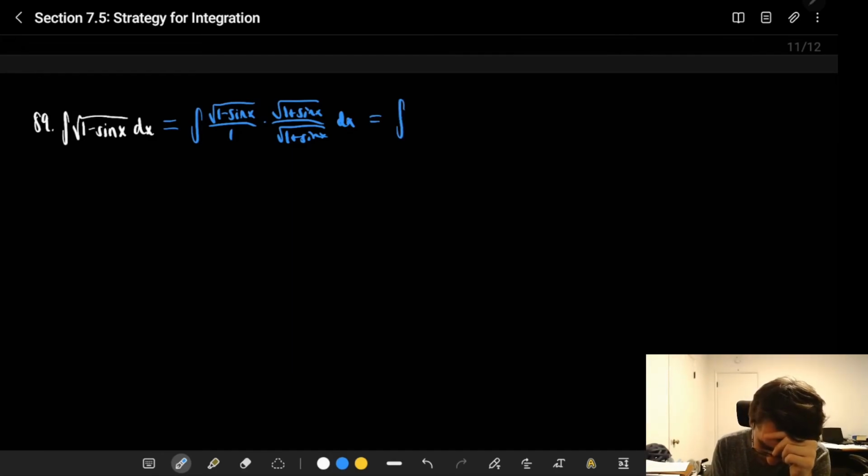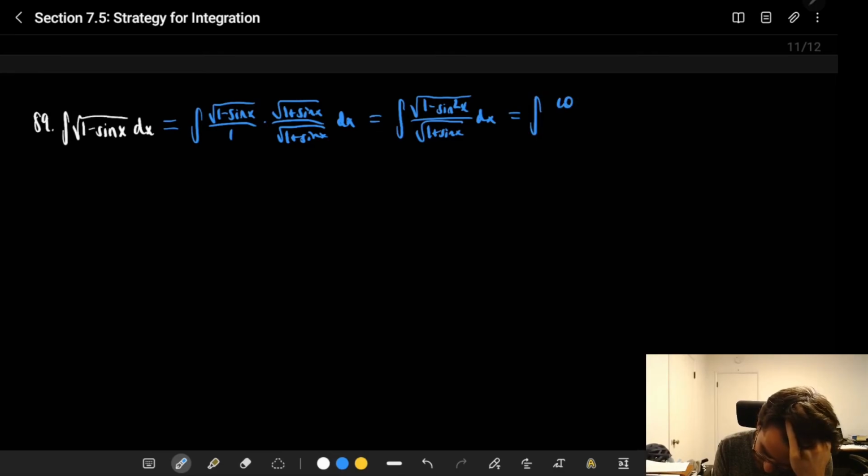The top becomes kind of good, right? That's difference of squares, 1 minus sine squared. So that's going to give me a cosine squared under the square root eventually. That's good. And then this is still 1 plus sine. So totally fine. This is cosine x over that.